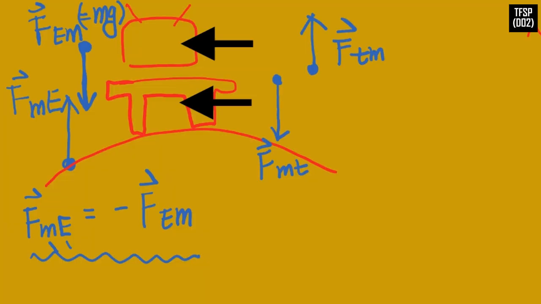FTM is the force exerted by the table on the TV and is the normal force N. Therefore, FMT equals negative FTM.